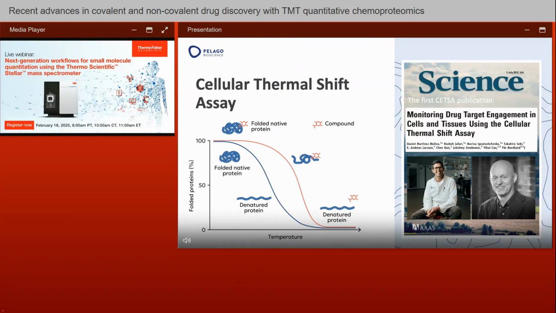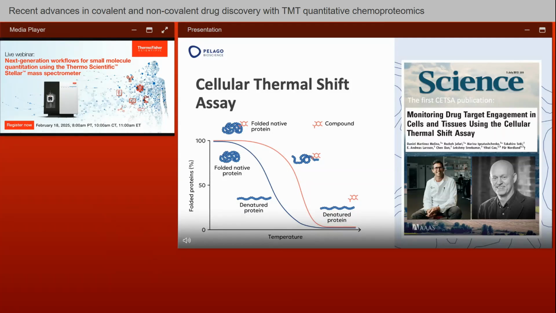CETSA stands for Cellular Thermal Shift Assay. Unlike classic thermal shift assays used for measuring purified proteins in vitro, like DSF, CETSA is run in a native cellular environment for measuring target engagement inside living cells, closer to biophysiological conditions. No modifications of the protein or the compound are needed to run the assay.